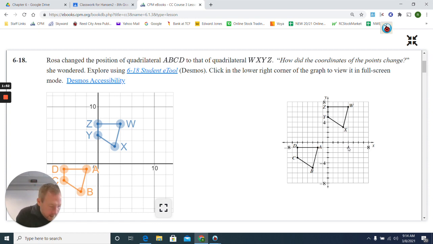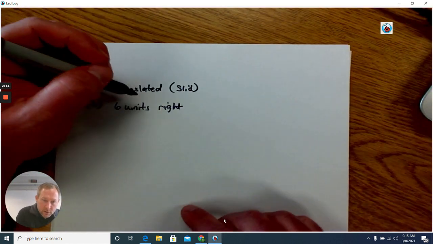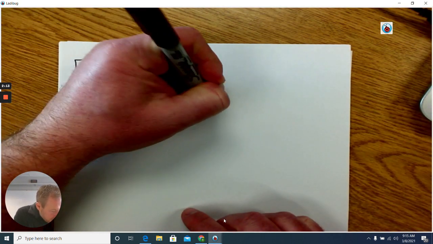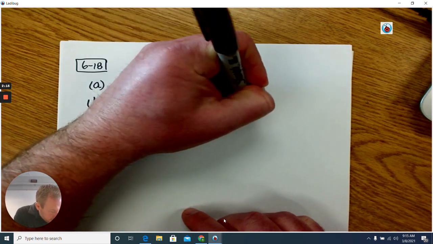So I'm going to write on my paper 6 units right, and then it moved 1, 2, 3, 4, 5, 6, 7, 8 units up. So 6 units right, 8 units up.